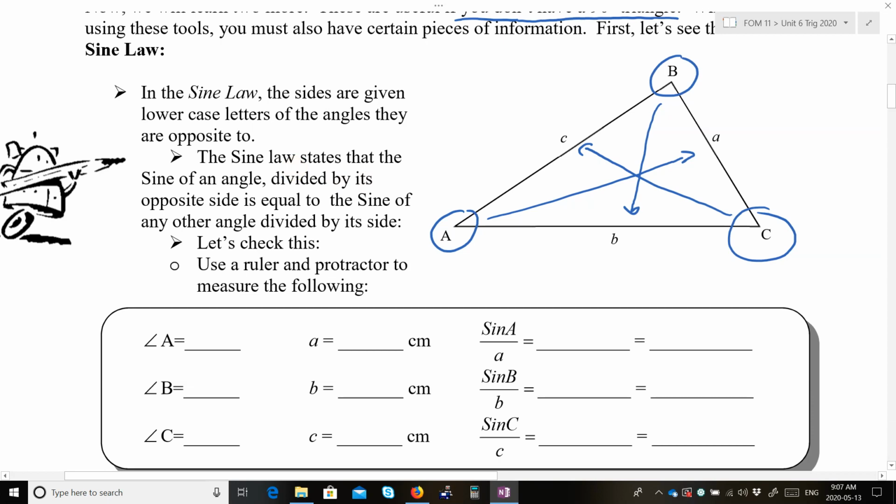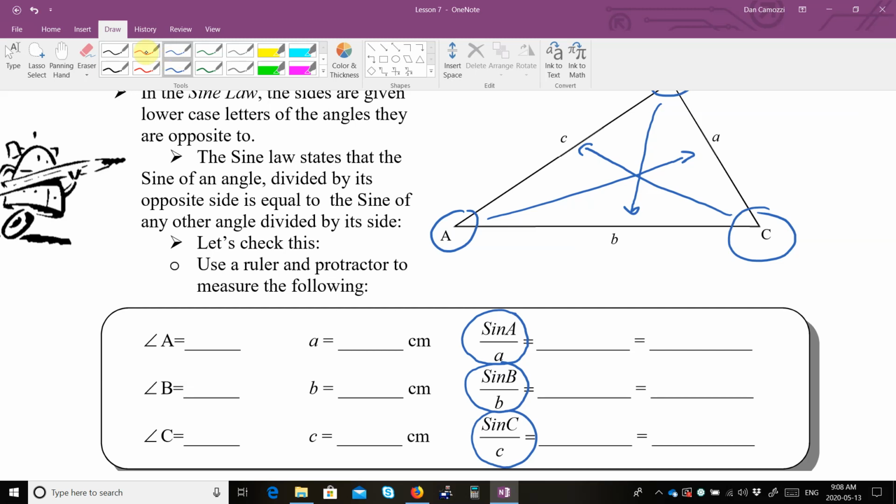In words, the sine law states that the sine of an angle divided by its opposite side is equal to the sine of any other angle divided by its side. As shown here, sine A divided by a should be equal to sine B divided by b, and that should equal sine C divided by c.